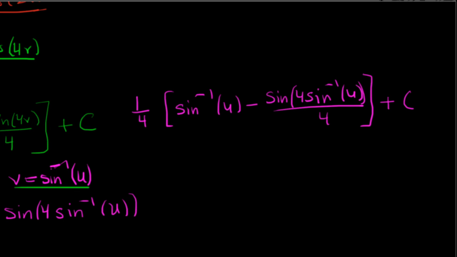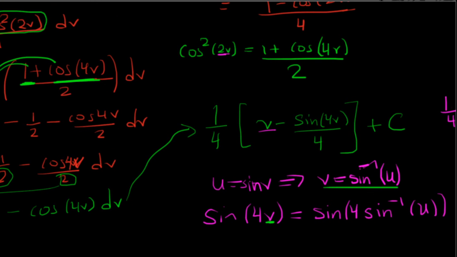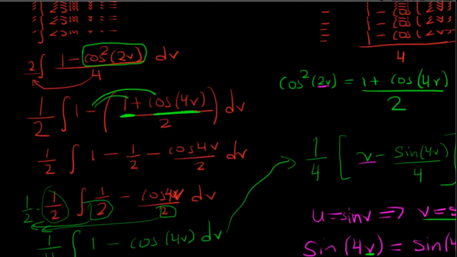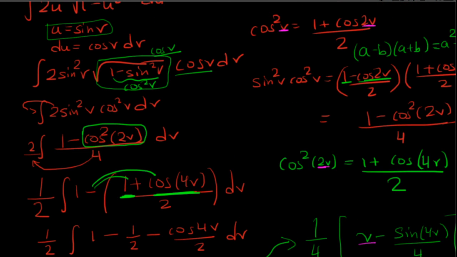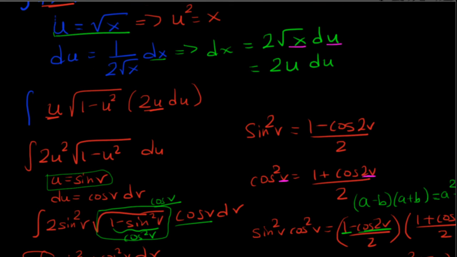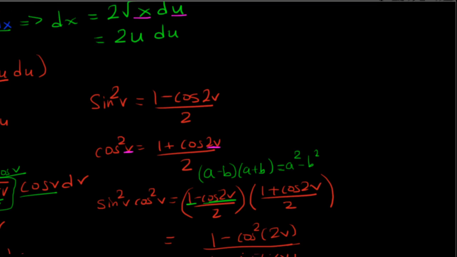One last thing is we have a u, so we want to make that substitution back. So we said u was square root of x over here. So let's make that final substitution and we should be good to go.